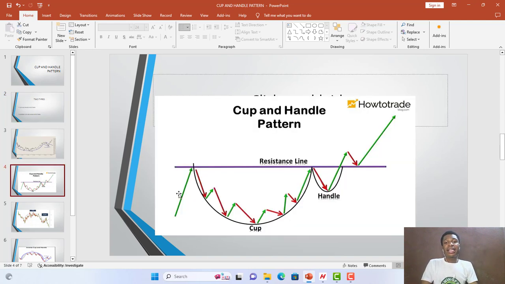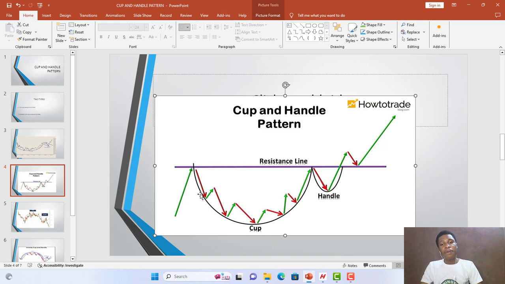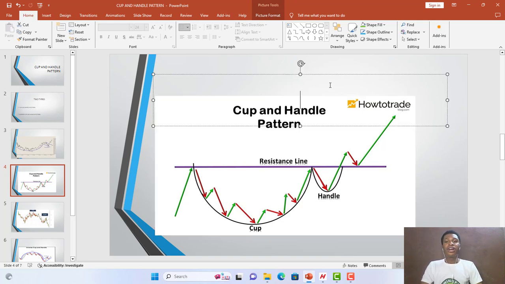So the market must be trending upward or just started trending upward. You see the market making this move, then making this type of curve in the forex market. Getting to this resistance, it tries breaking it, but no way, coming to form the handle.